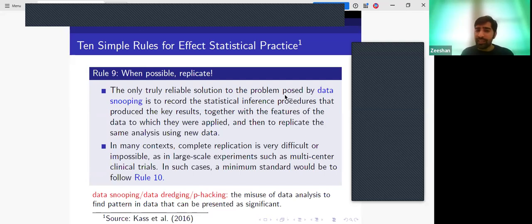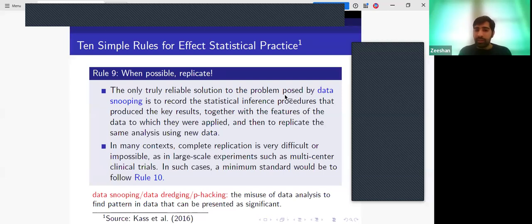So in many contexts, sometimes it is not easy to replicate your results. Replication means that if, for example, you are applying a statistical model for a specific data, and you have come up with some findings, and some other person applies the similar analysis, then they should come up with the similar findings, similar results.